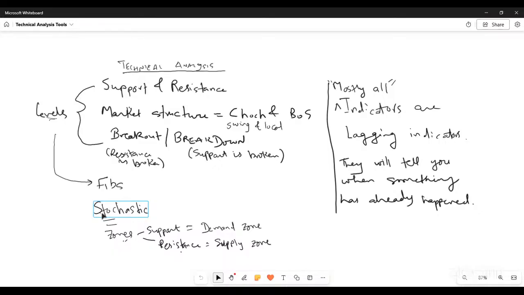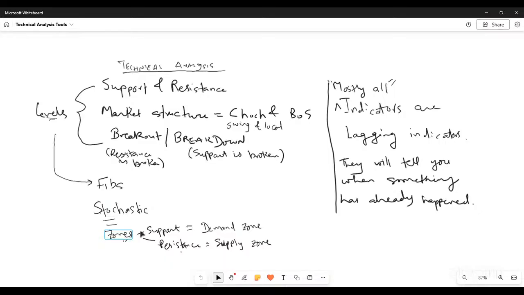If you combine this with the levels that I'm talking about, then it can work really, really nicely. I have also used MACD. Most of you have used MACD in one way or another. Again, these indicators you have to combine with other things. You can't just rely on indicators 100%.